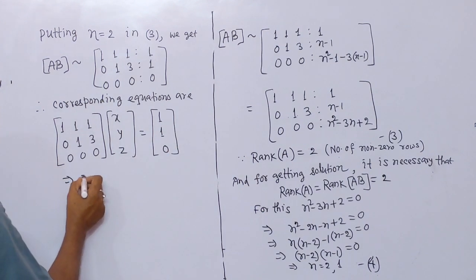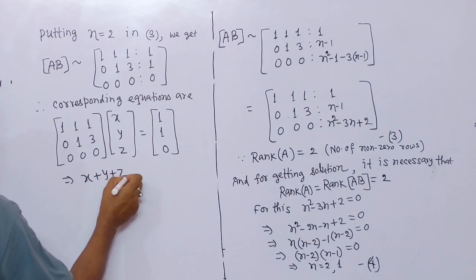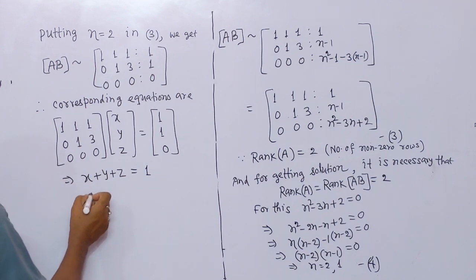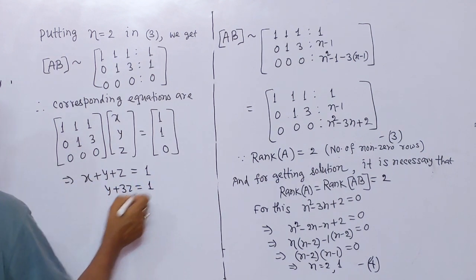Multiplying the two matrices we get x plus y plus z equal to 1 and y plus 3z equal to 1.